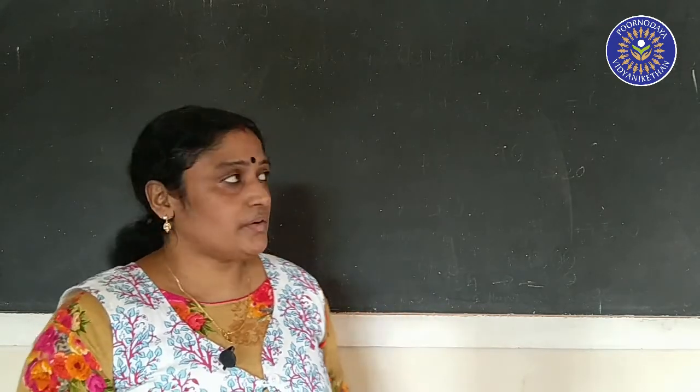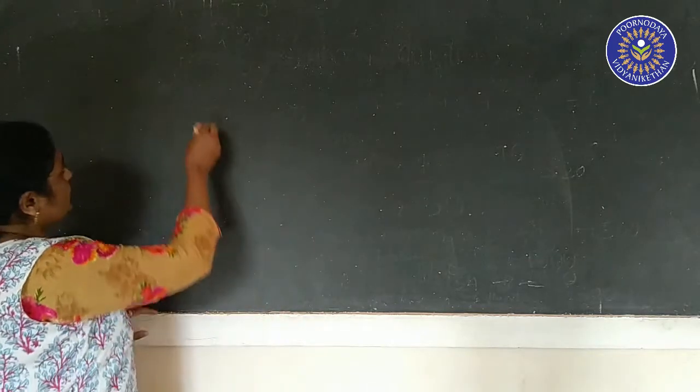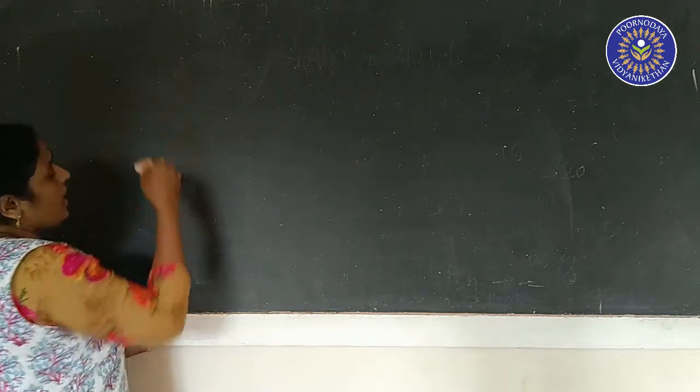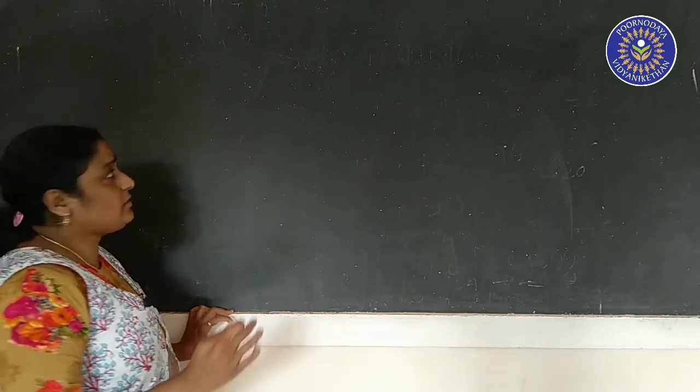Then we will try to write after, before and between numbers. First we will start with a 3-digit number. You know how to write the number that comes after, before and between.